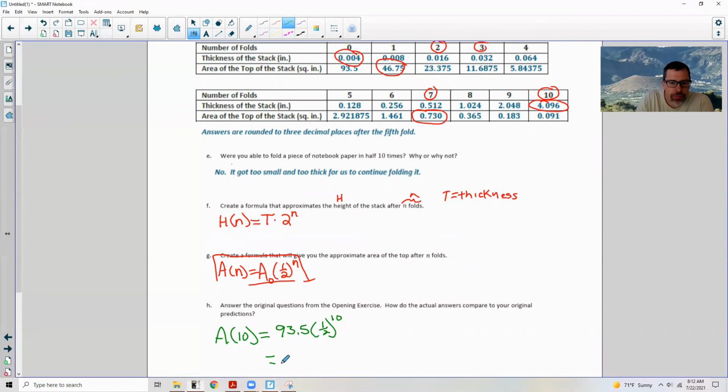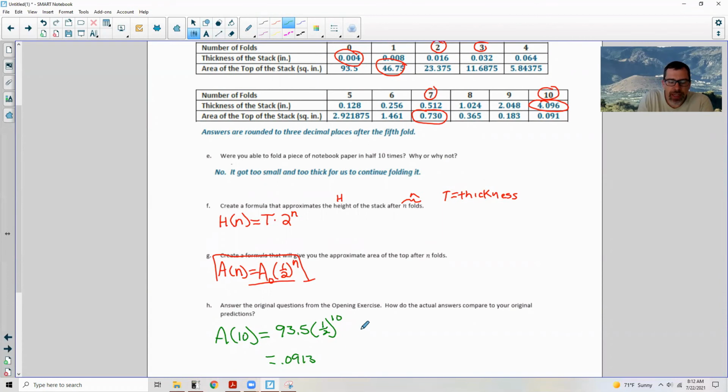And that is 0.0913. So 0.091, it would be the area. Less than a hundredth, or less than a tenth of an inch.